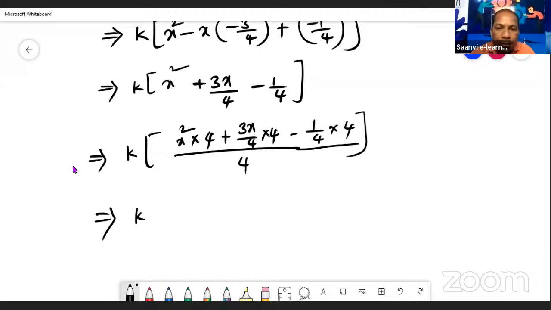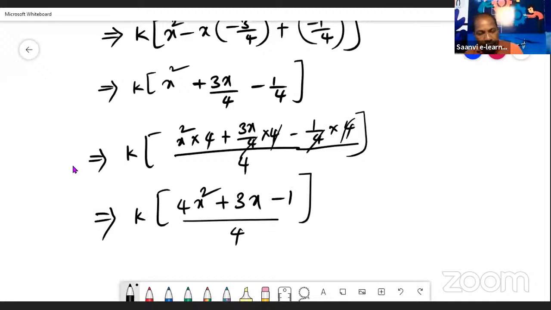So k of x square into 4, 4x square. Here 4 gets cancelled, plus 3x, minus, here 4 gets cancelled, 1 by 4.